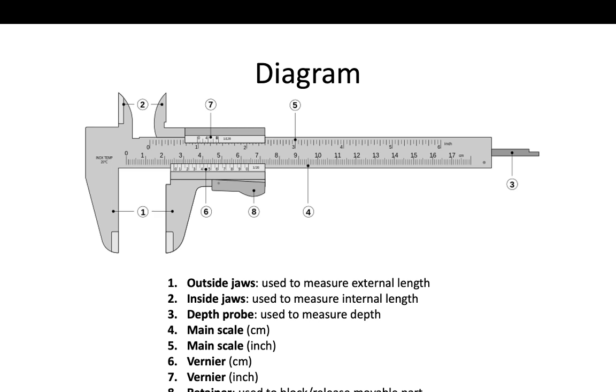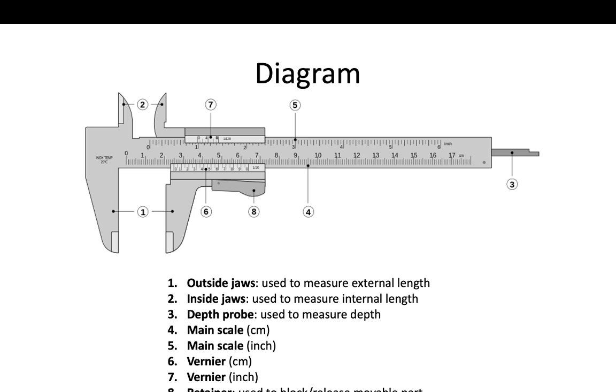Number 3 is this rod, the depth probe. Whenever we want to check how deep an object is, we use this depth probe to measure its depth.